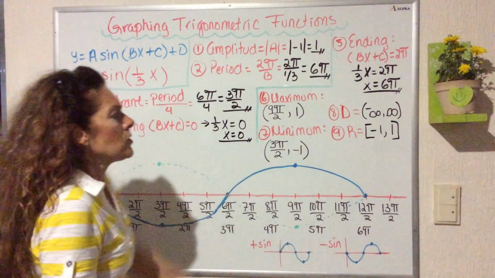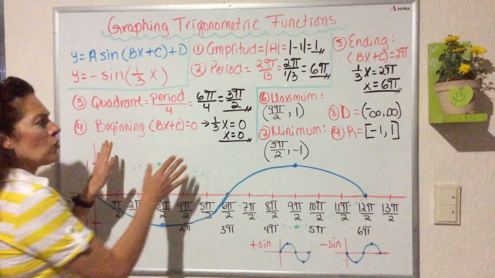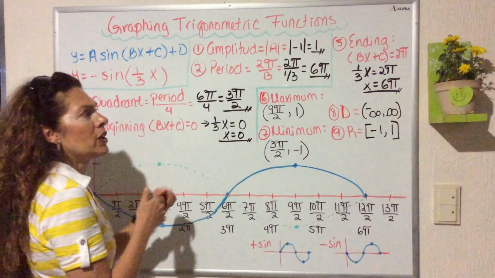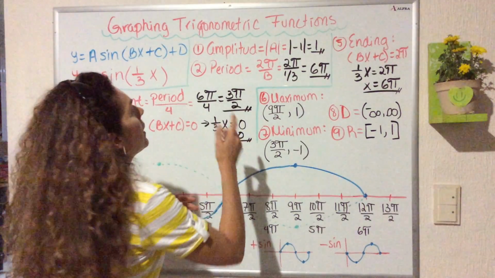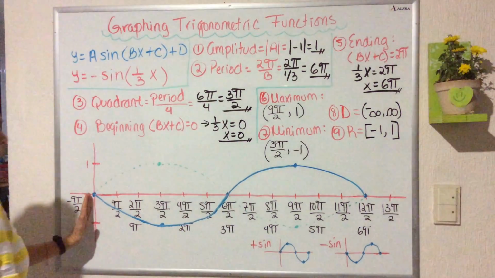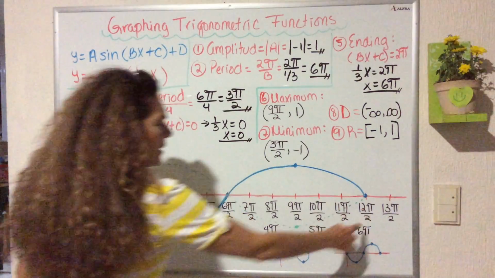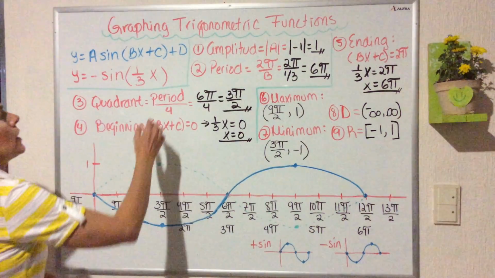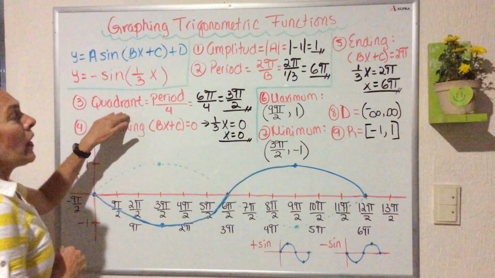So I wanted to show you this example because we are going to get something different and you're going to learn something different, okay? Well, as you can see, from 0 to 6 pi is going to be the width of our graph.